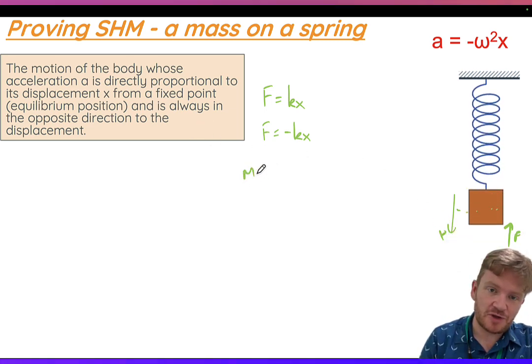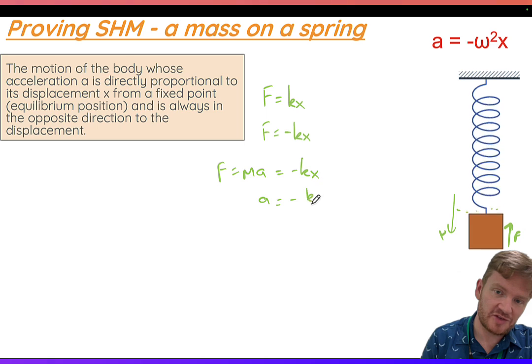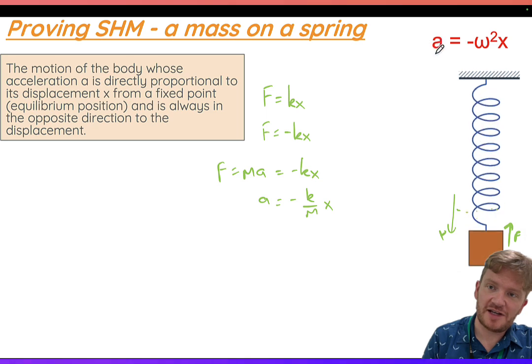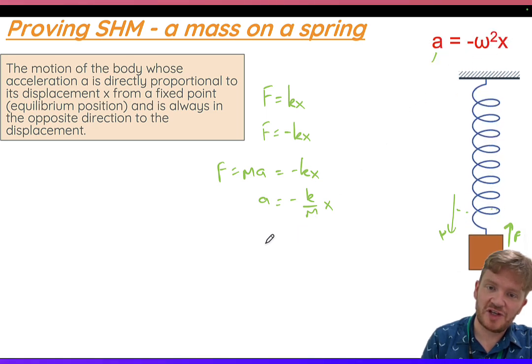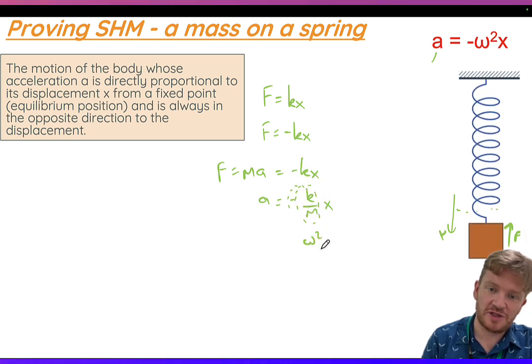Now, I also know that force is equal to mass times acceleration. But I've also said that force is equal to minus kx. So my acceleration, therefore, is minus k over m multiplied by x. If I look over here, I can say that acceleration is always equal to minus omega squared x. So therefore, this k over m must be omega squared.